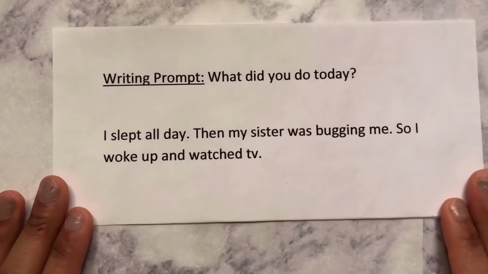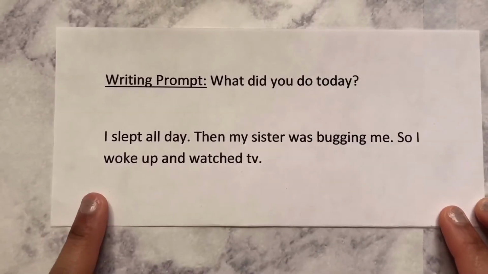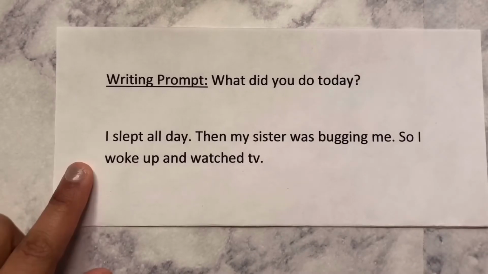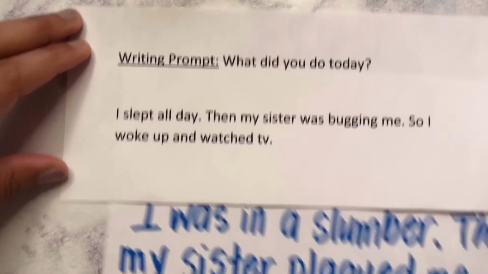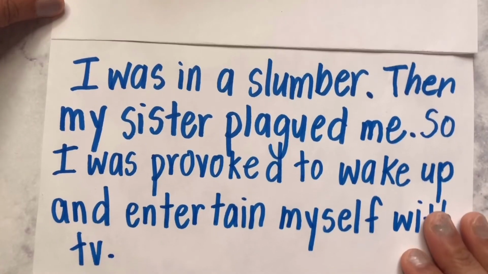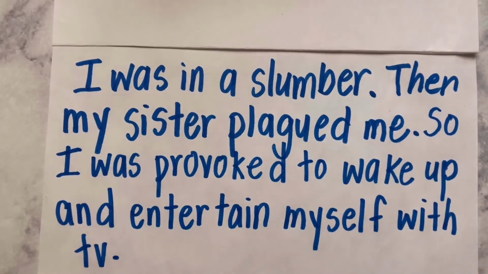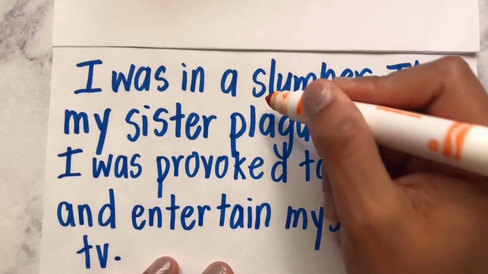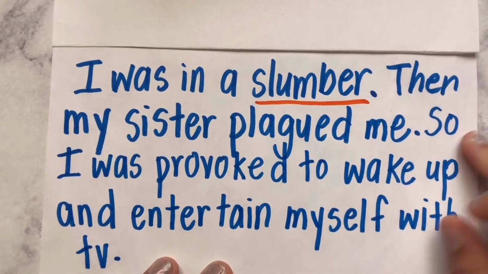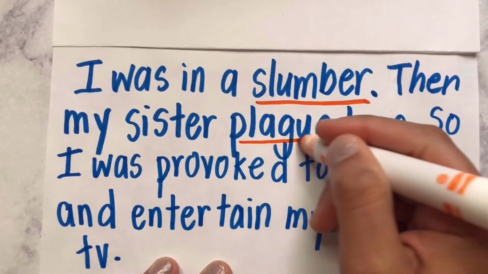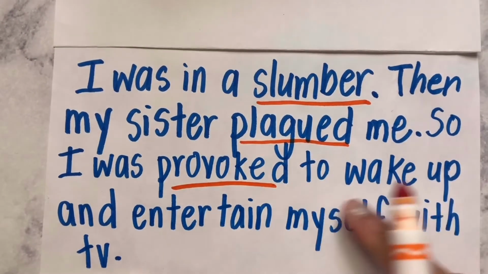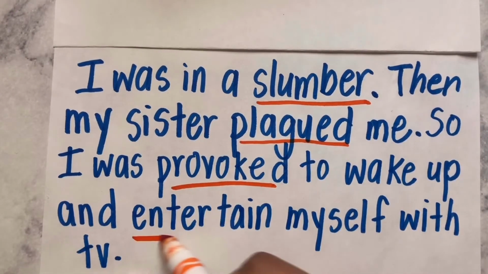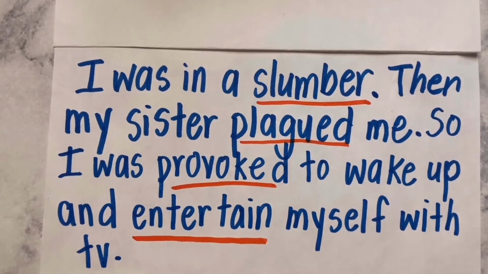Let's go back to our original prompt and our response. We take this response and use some of the words that we change. Now we would change it to say, I was in a slumber. Then my sister plagued me. So I was provoked to wake up and entertain myself with TV.